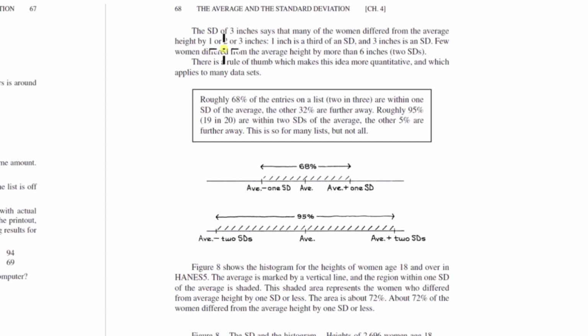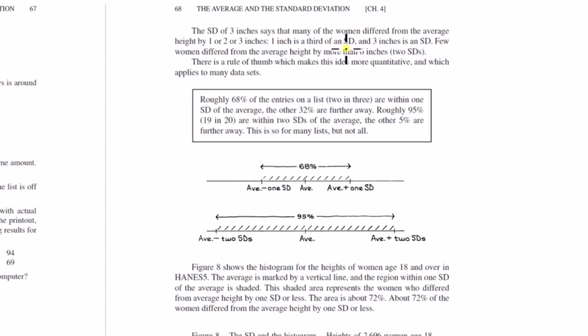Why are they saying this? Because we just talked about how most of the numbers in a list are around 1 standard deviation away from the average. 1 standard deviation is 3 inches. So somewhere 1 to 2 to 3 inches, most of the heights of the women are going to be in that range, 1, 2, or 3 inches above or below the average, which was 63.5 inches.